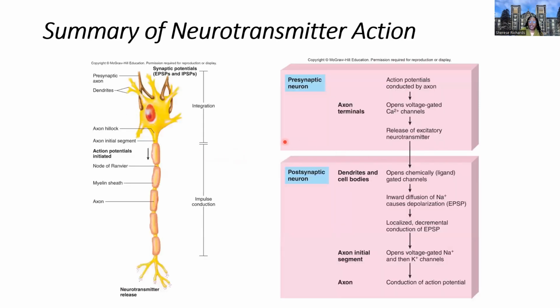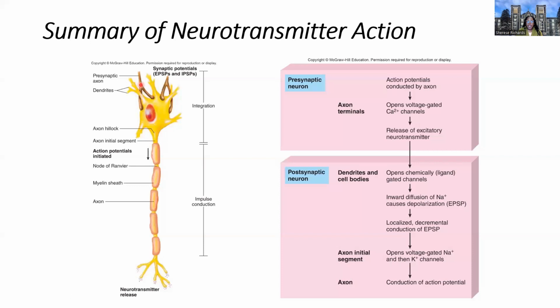Okay, so just to really summarize what we've been saying so far and put together a big picture summary here, we have been talking about the graded potentials and how they are summed and how they result in action potentials. So when we zoom out and look at the neuron more holistically, we can see the location where we have the graded potentials arriving.